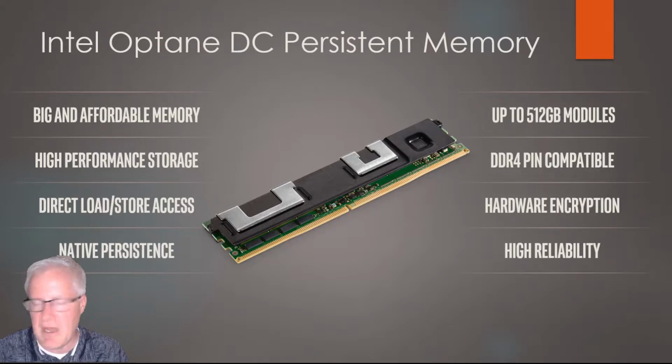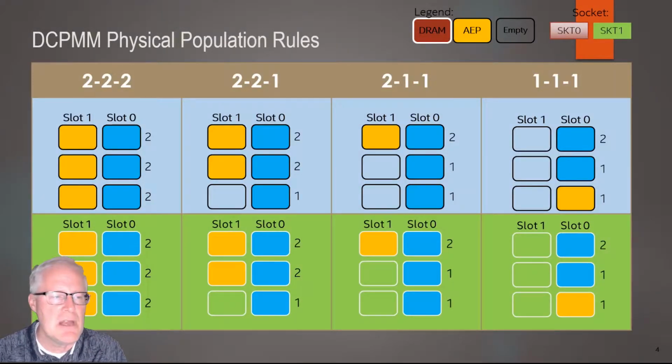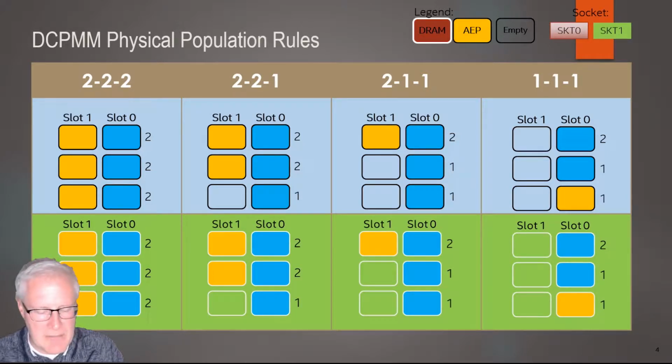Let's first look at how I would configure my server. If I have a 2-socket server, I'm going to primarily focus on what we call a 222 configuration, which basically means that for every DRAM module that I have, I'm going to have a persistent memory module.